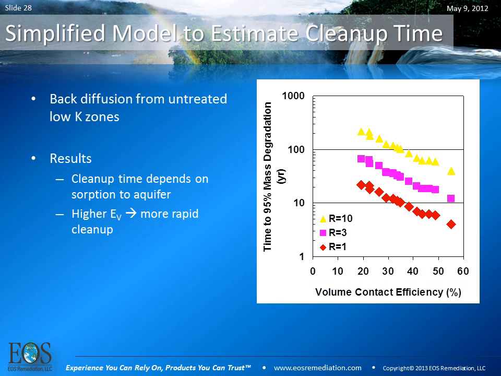Your time to get 95% mass degradation, we got a variety of different R factors here, your retardation factors, and then on the x-axis you have your volume contact efficiency, and you can see that as you increase your volume contact efficiency, you are going to reduce the time that it takes to get the cleanup time that you're looking for.